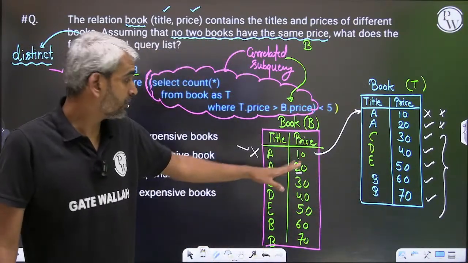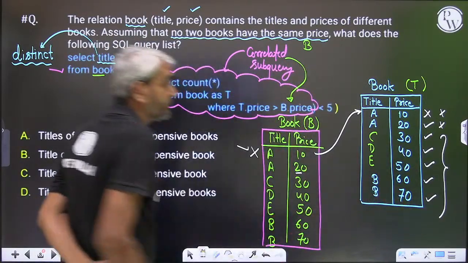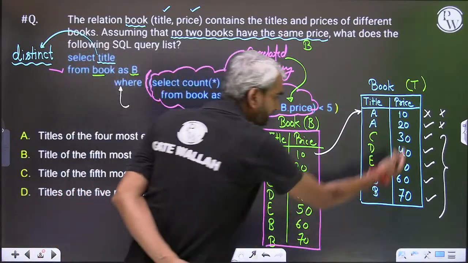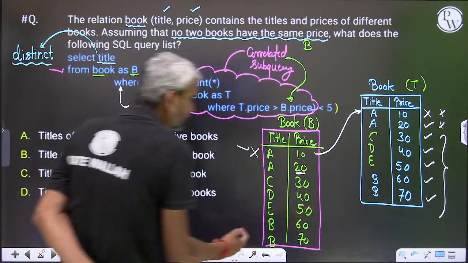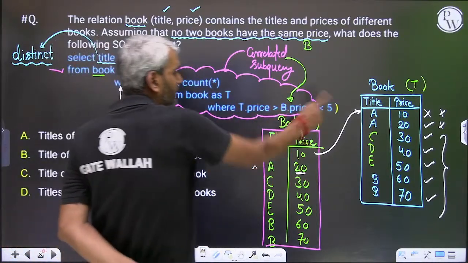So with respect to 20, there are 5 books in the book table whose prices are more than the book of the second tuple. Therefore, again, this will not be less than 5.